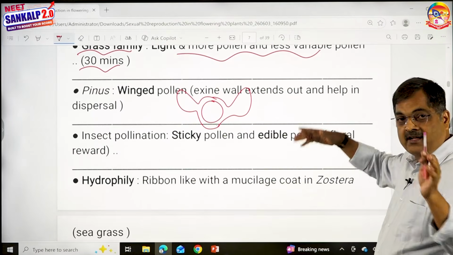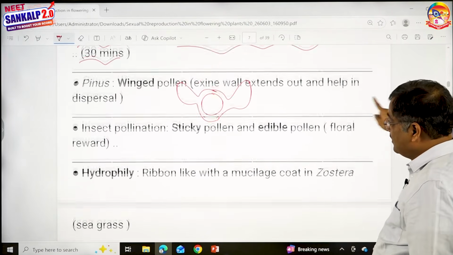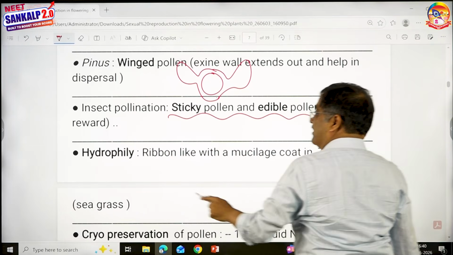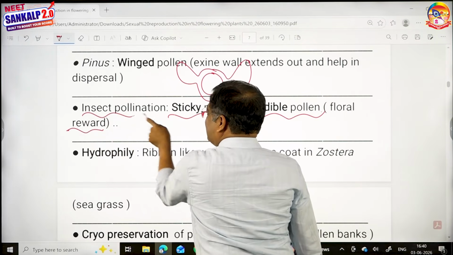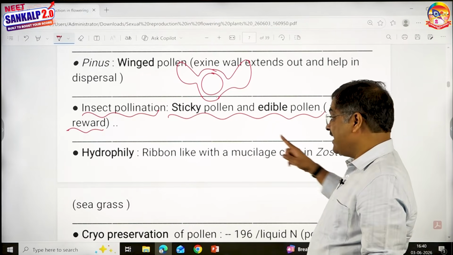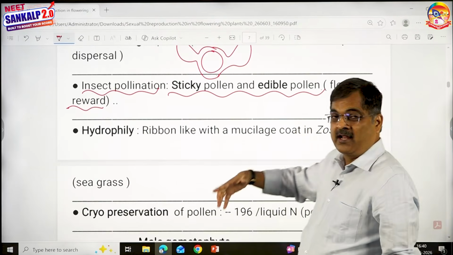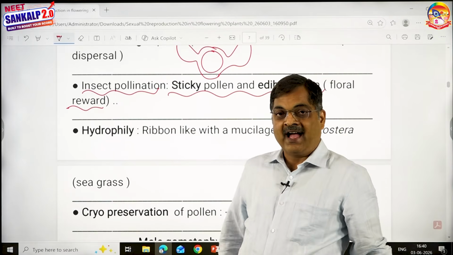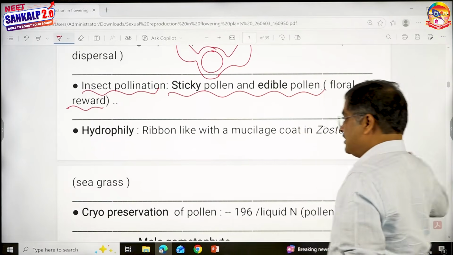Don't think that it has wings just like birds. Sticky pollen and edible pollen are seen in insect pollinated flowers. Mind you, even pollen is rich in nutrients. Even humans take pollen tablets as a rejuvenating energy source.